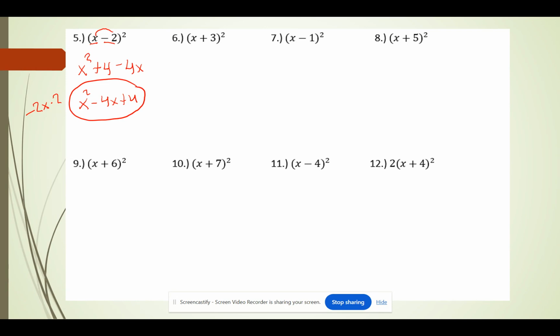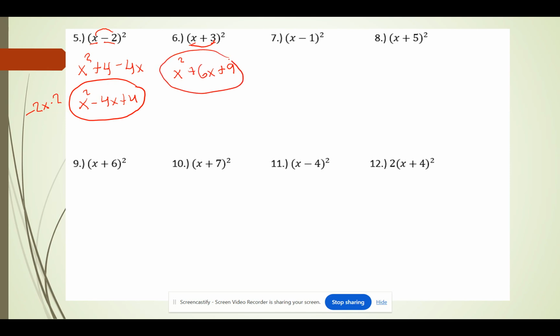Our goal is to get you doing this enough that you can do it all in your head. So we're going to square the x. We're going to square the 3. Now I'm going to put that out here so that it's in order when I'm done. We're going to multiply in our head and get 3x, and then double that to make 6x.